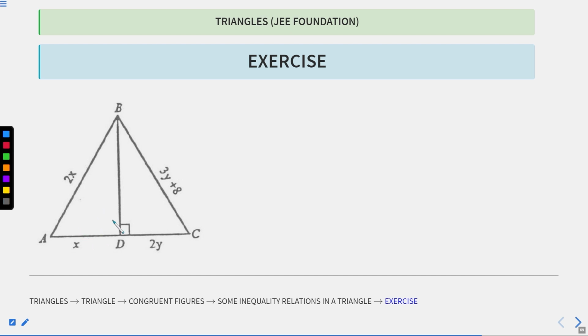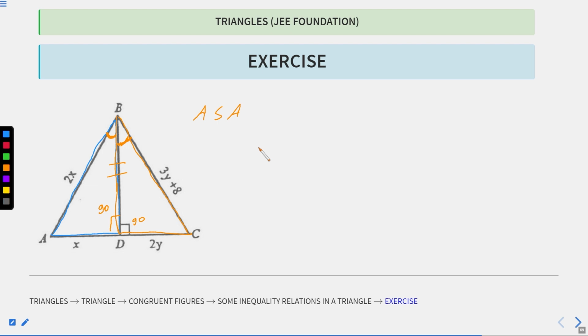If you see my triangle, the first triangle is this, and my second triangle is this. Now just see that this angle and this angle are both 90 degrees. This is the common side, and this angle and this angle are also equal. So from this I can apply angle side angle.